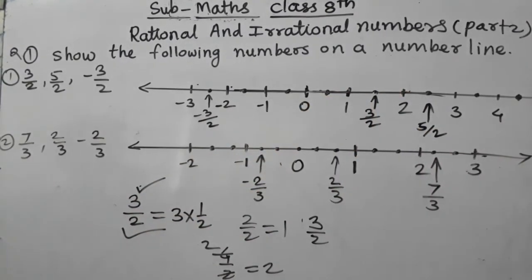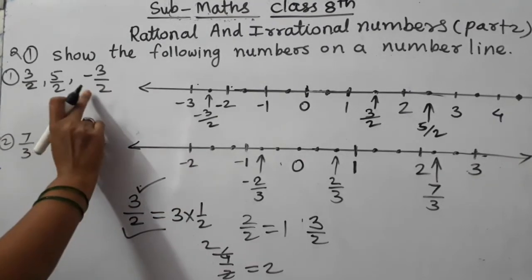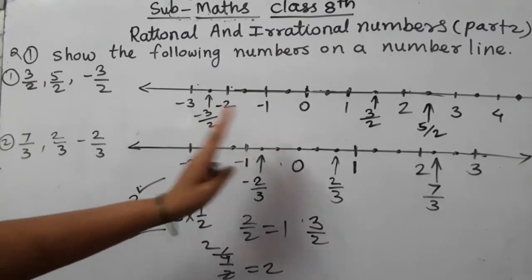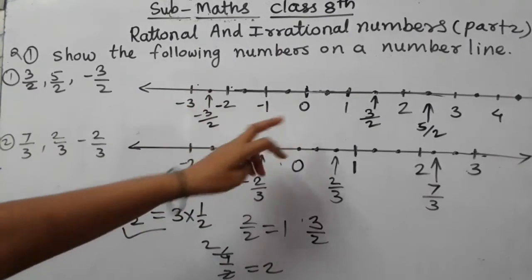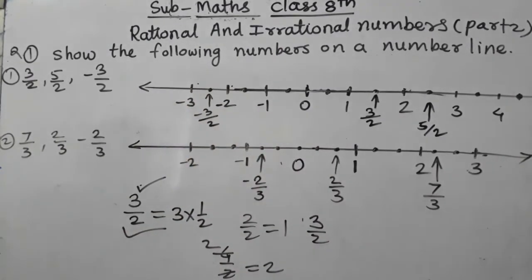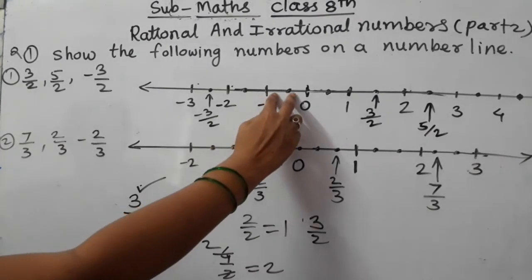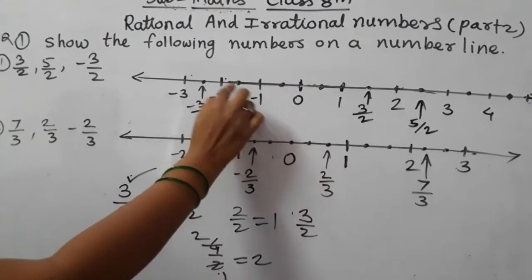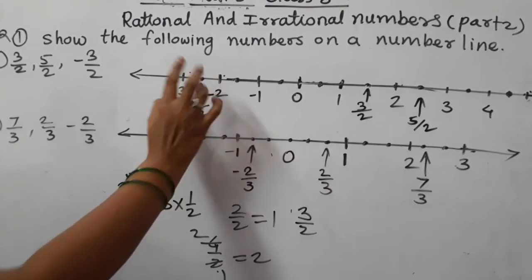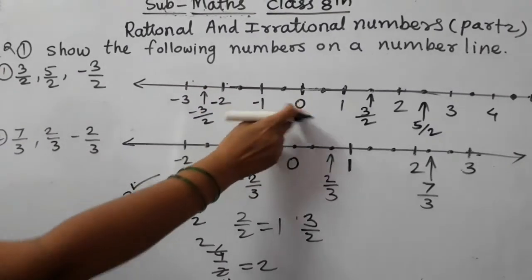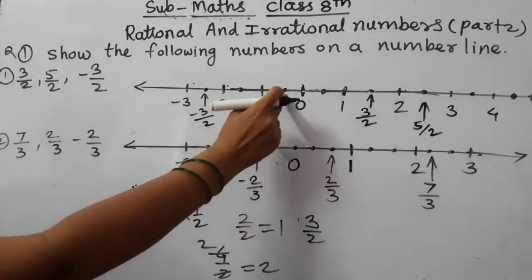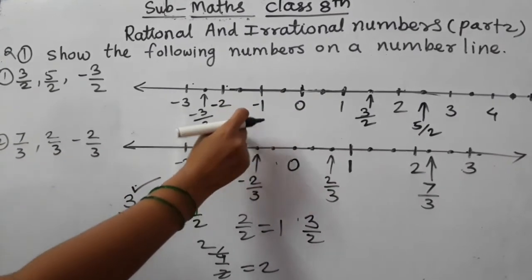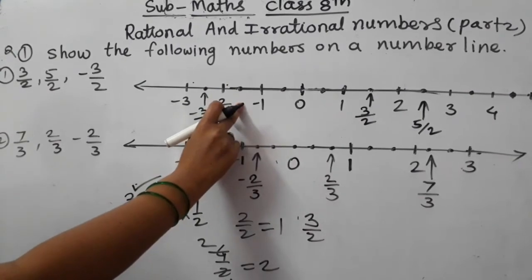Now, we are going to show this number, minus 3 by 2. This is on the left side of 0. See, there are the same parts, 2 parts for each unit. So, this is minus 1. It means minus 1 by 2, minus 2 by 2, minus 3 by 2.